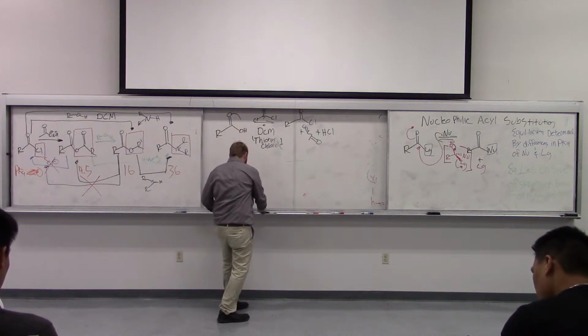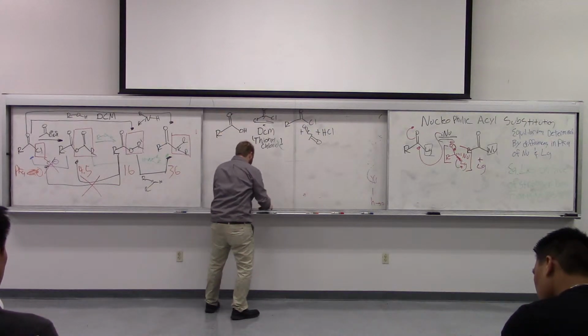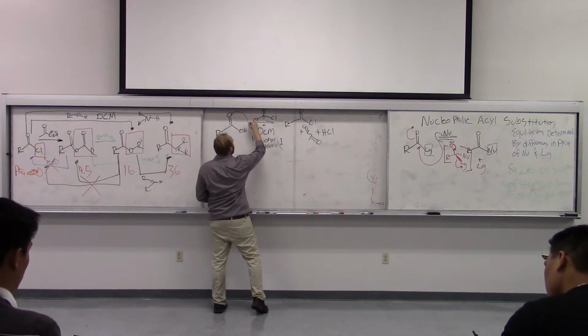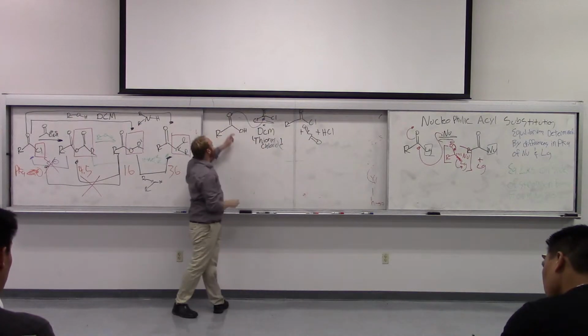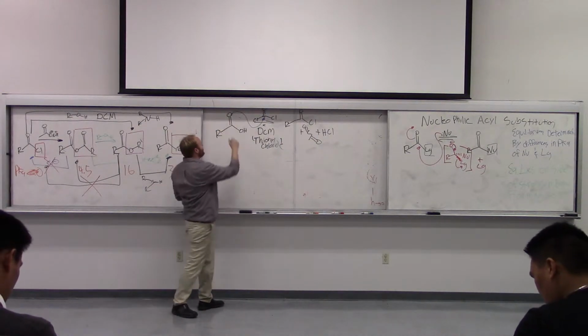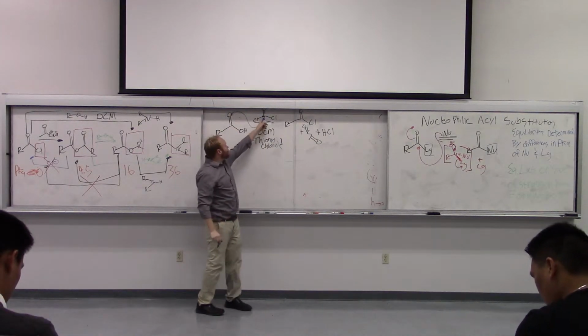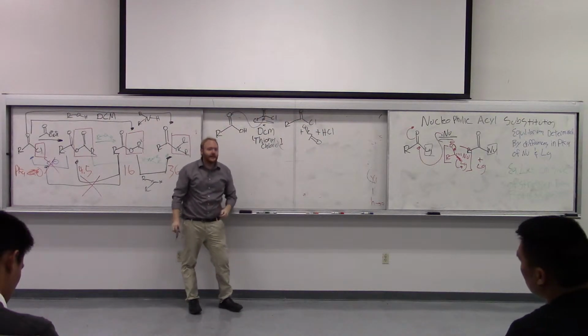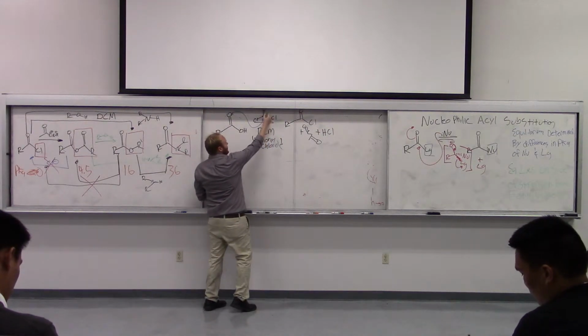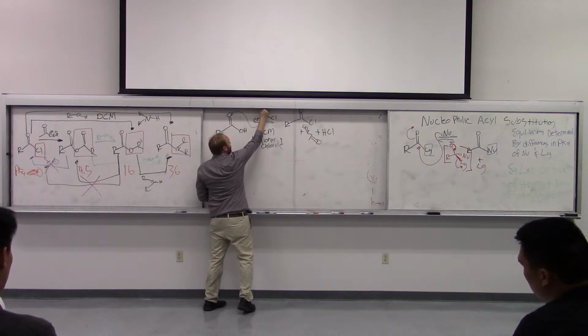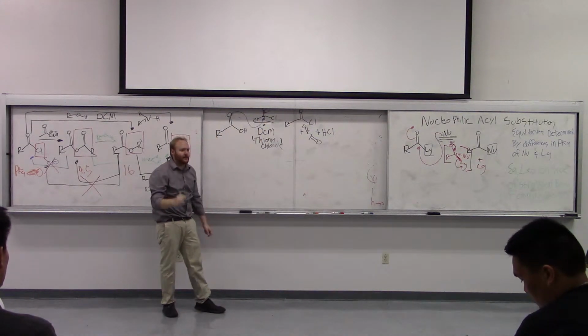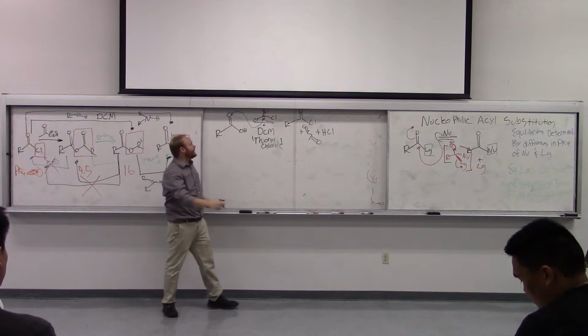Let me do the arrows in blue. So first off, a lone pair of electrons on the oxygen will attack the sulfur. And you know how I say chemists like to draw arrows so that when you attack a carbonyl type, the first arrow forms the tetrahedral intermediate.